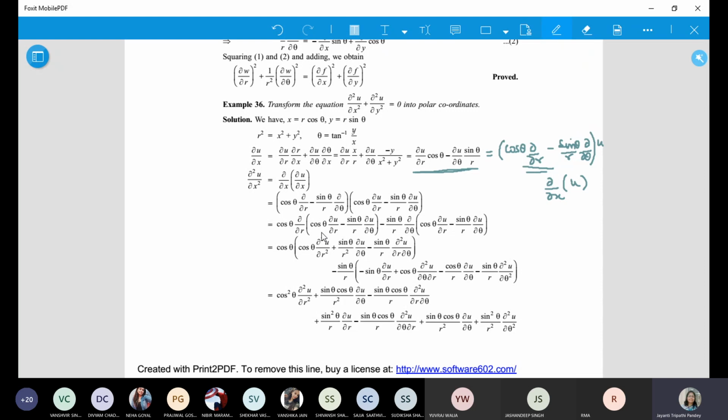And then you differentiate it term by term. First you differentiate this, so you got this. Then you differentiate minus sin theta by r. When you differentiate 1 by r, it becomes minus 1 by r square, so minus minus has become plus: sin theta by r square into this. Then you differentiate this part, so it is minus sin theta by r del 2u del r del theta. Is this okay or not?